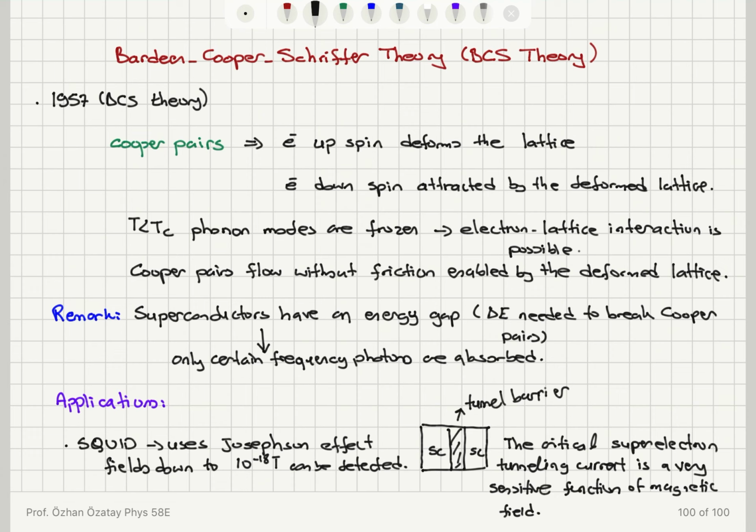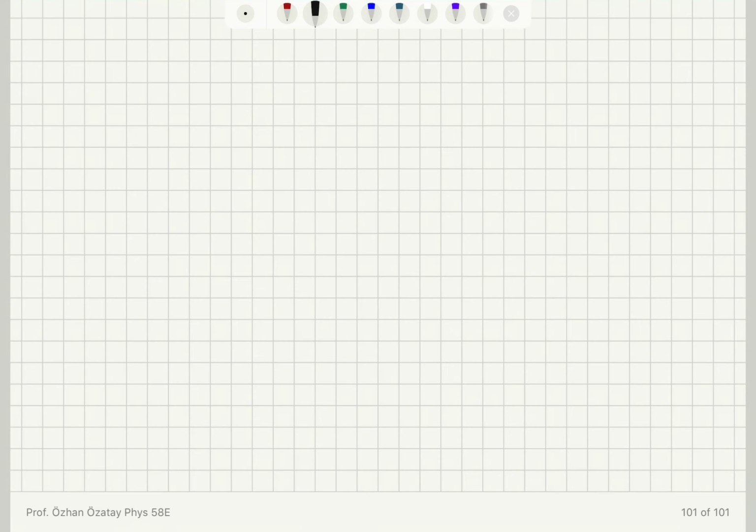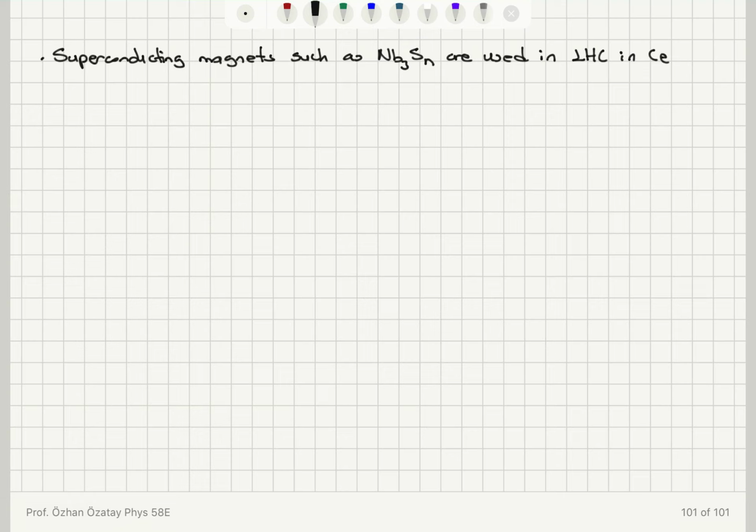And on the other hand, since we can have very large magnetic fields created by these superconductors, superconducting magnets such as niobium tin are used, for example, in the Large Hadron Collider in CERN.